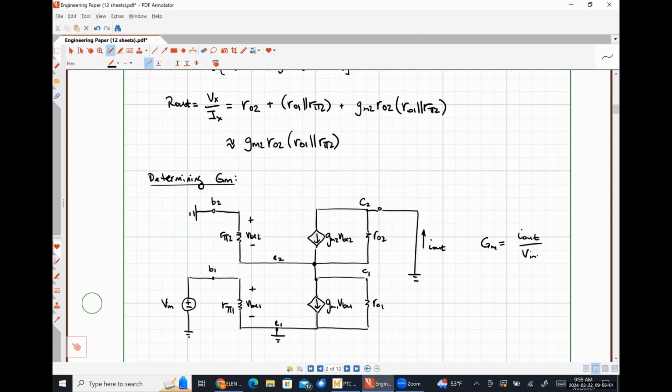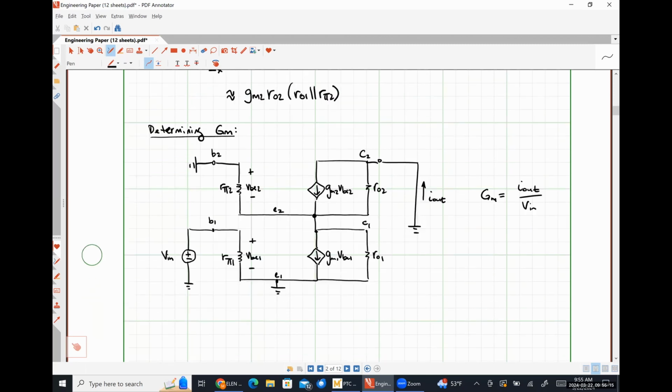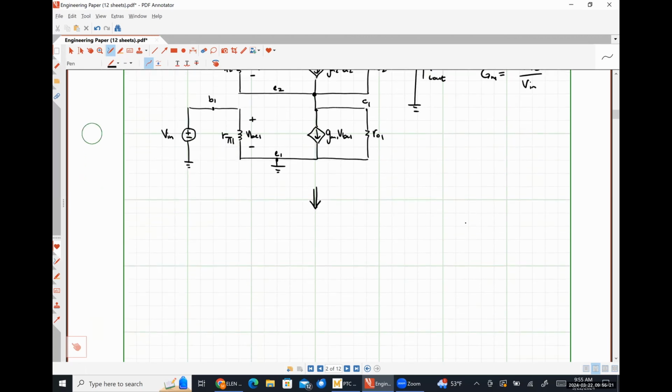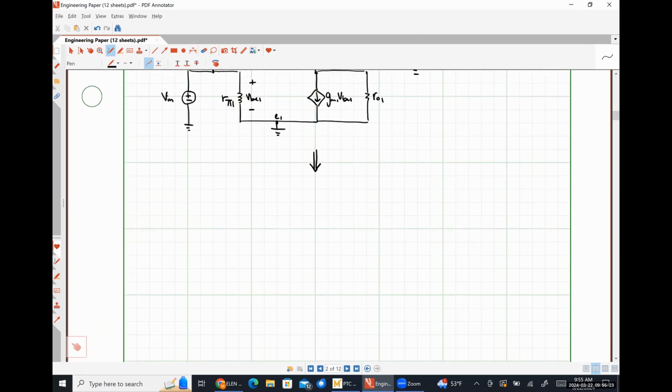Are we okay with that? Okay. The voltage VBE2 is the voltage seen between ground and the emitter 2 node. So I could redraw this circuit as follows, where this will arguably be a little less gross to look at.